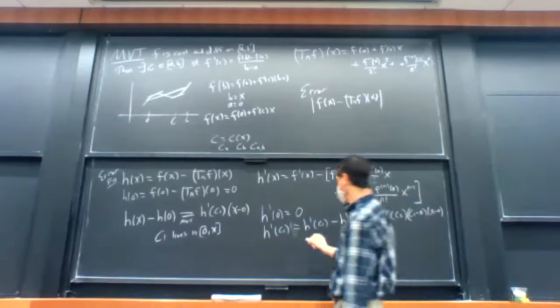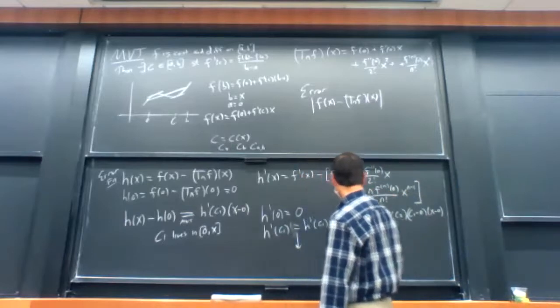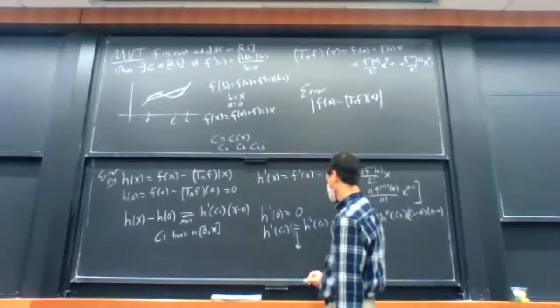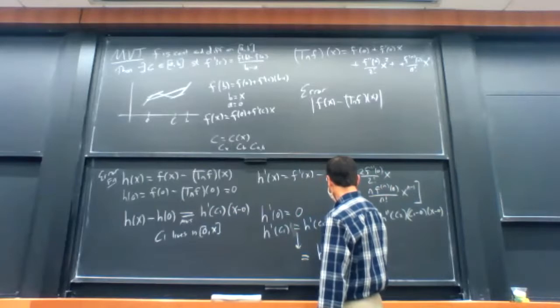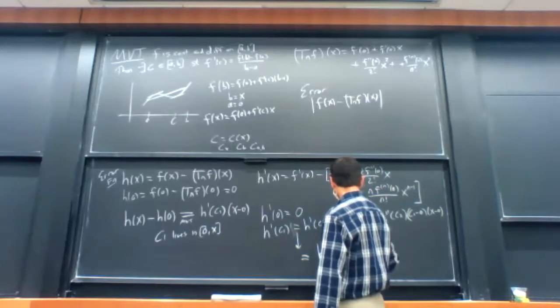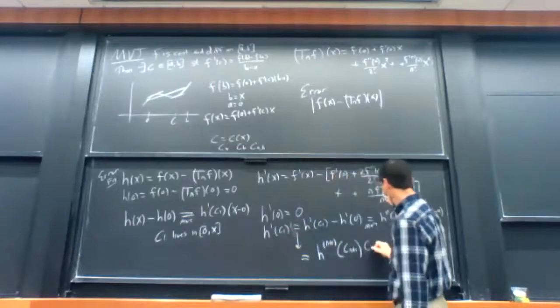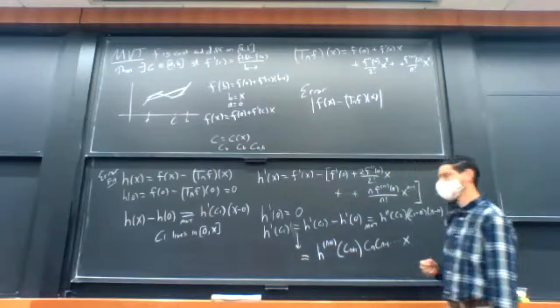And so we can keep doing this, and we eventually get the n plus first derivative at some point C n plus 1, and then you'll have C n minus 1 all the way down to x.